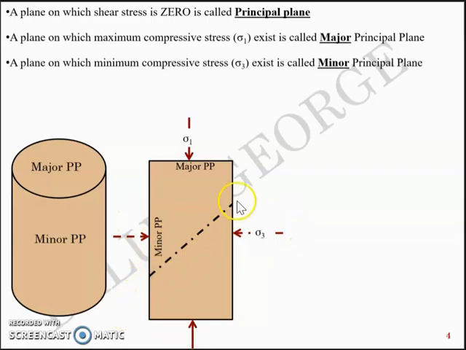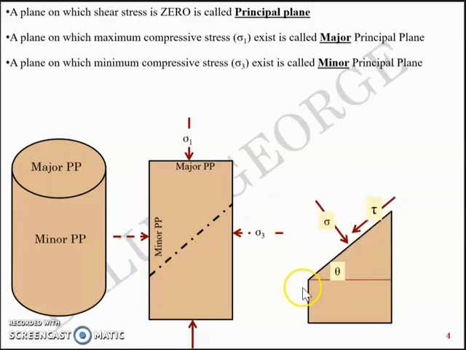Plus we can take an inclined plane like this at an angle, let's say theta, with respect to the horizontal. So this bottom portion of this particular cylinder, when zoomed in, and if we draw the free body diagram, I can have sigma, the normal stress, acting on the inclined plane, and tau, the shear stress, acting on the inclined plane, and the inclined plane is at theta degrees with respect to the horizontal.